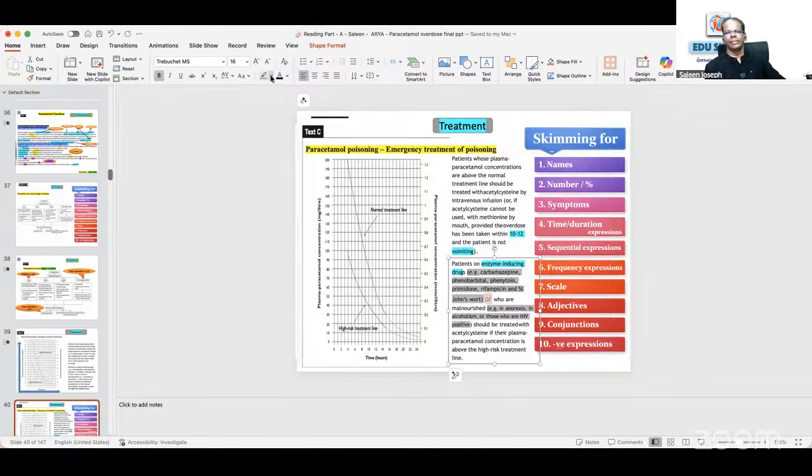Just check whether this is important when you find the answers. Whatever comes before or after "or" will be important, before and after the conjunction. Then there is a medicine name, acetylcysteine. Above the high risk treatment line. Okay, that is good.